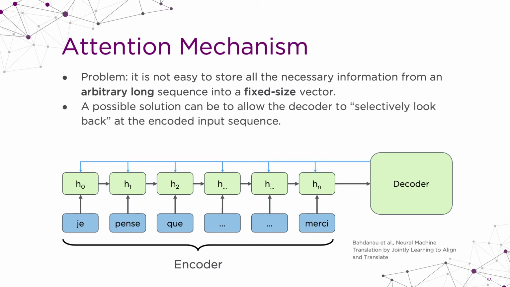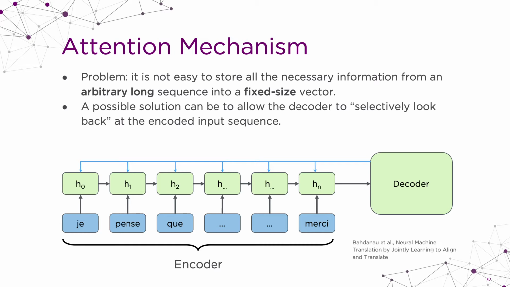One possible solution is to find a way for my decoder to look back at the input sequence and extract the relevant information when it's trying to produce the output.